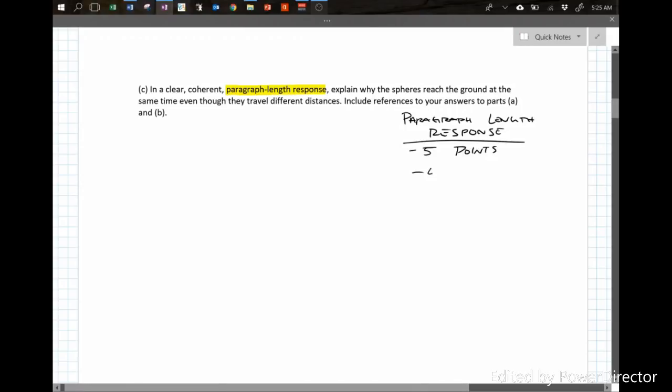4 of those points are for logical reasoning of the problem. The last point is a paragraph point.